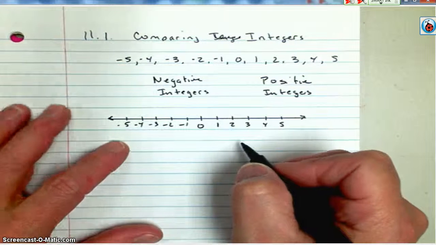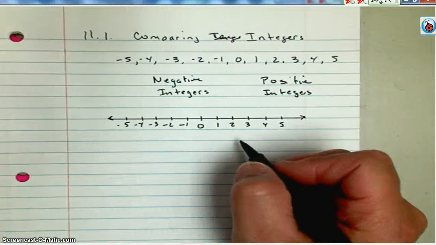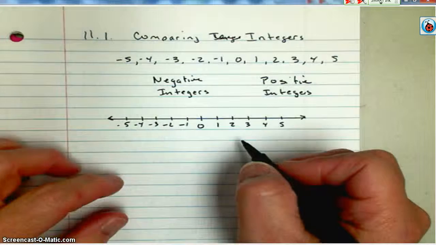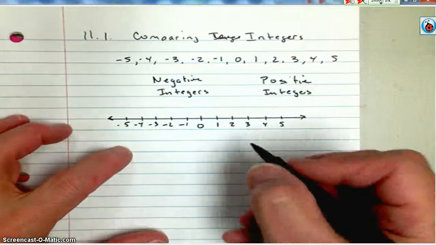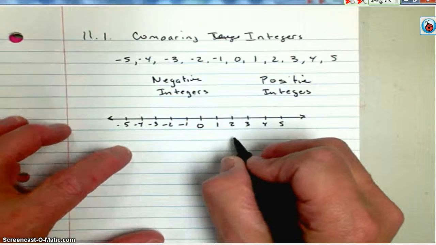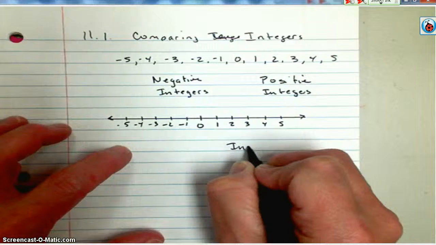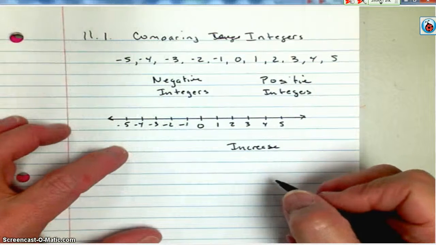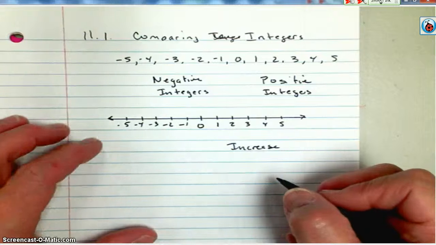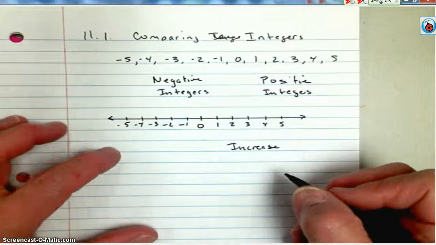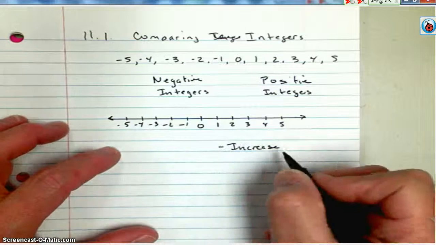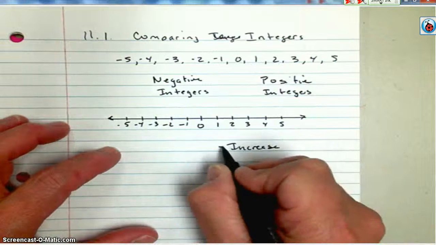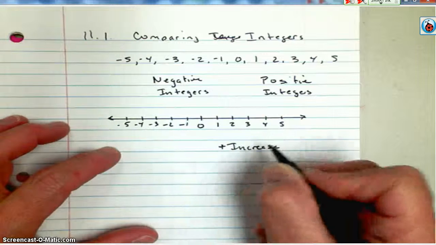There are other words that refer to integers, when people don't say the word integers but are referring to them, like if you hear there's an increase in the score. So write these other words down, because they're a heads up that we're going to be using integers, positive or negative. A word like increase would be a positive integer.